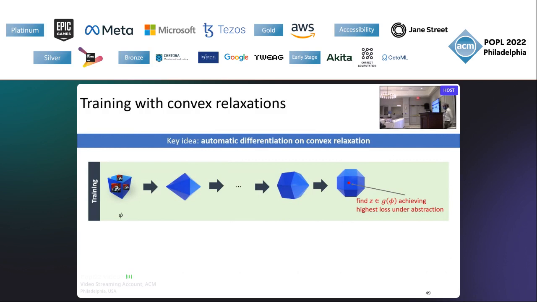So you have the standard training loss, and then you add a verification loss, which means that you take the network and the precondition phi, you compute your approximation g of phi, and then in that g of phi, you find a point where the verification loss, which in this case for robustness is the difference of the logits, is worst. Then you add it to the normal training loss, and then you backpropagate to update the gradients again.